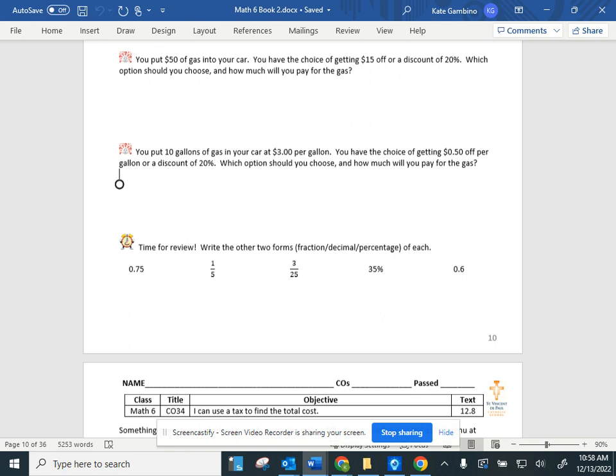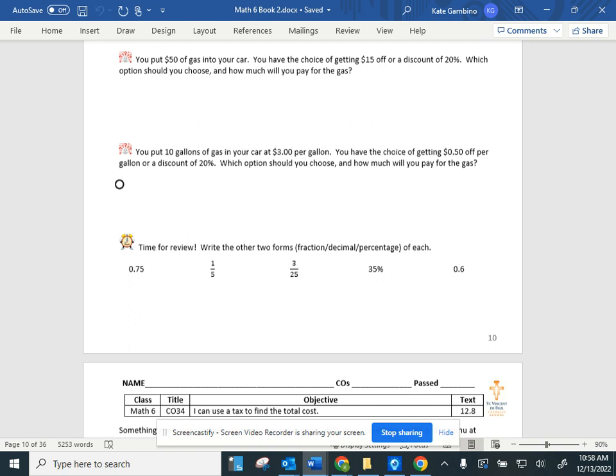You put $50 of gas into your car, you have the choice of getting $15 off or a discount of 20%. Which option should you choose and how much will you pay for gas? So you're going to want to figure out with $15 off of your $50 how much you're paying, and you're going to want to figure out what 20% of $50 is. Then decide which one is a better deal.